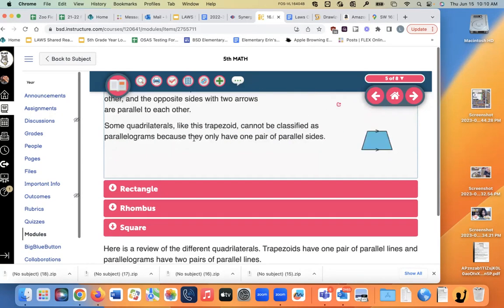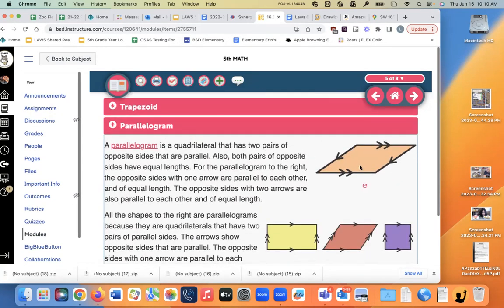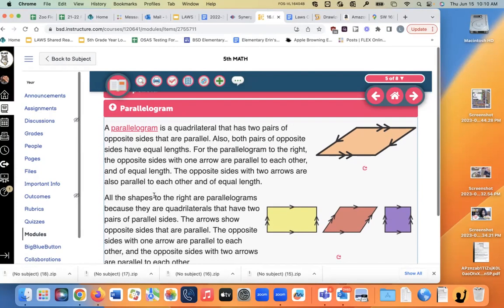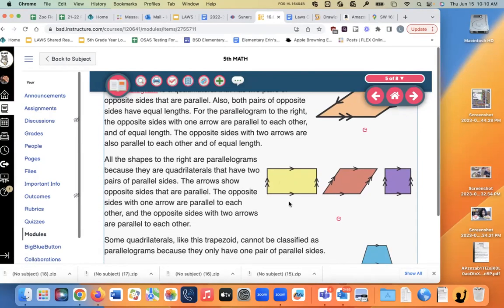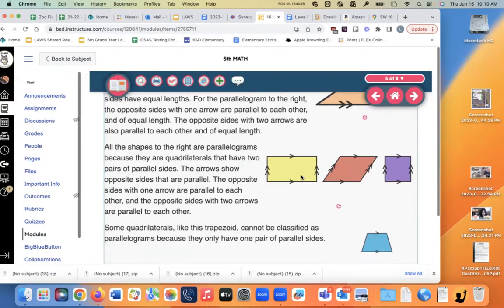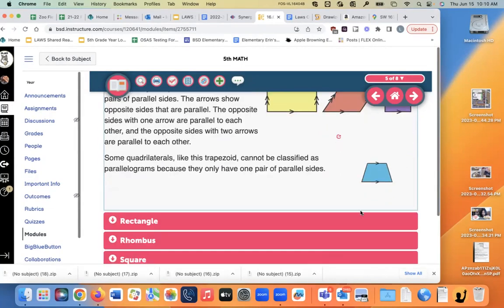A parallelogram then is a little bit different because it's got 2 sets of parallel lines, not just 1. So trapezoid has 1, parallelogram has 2. All the shapes to the right are parallelograms because they have 2 sets of parallel lines. This one is not, because it's a trapezoid, since it only has 1 set of parallel lines.